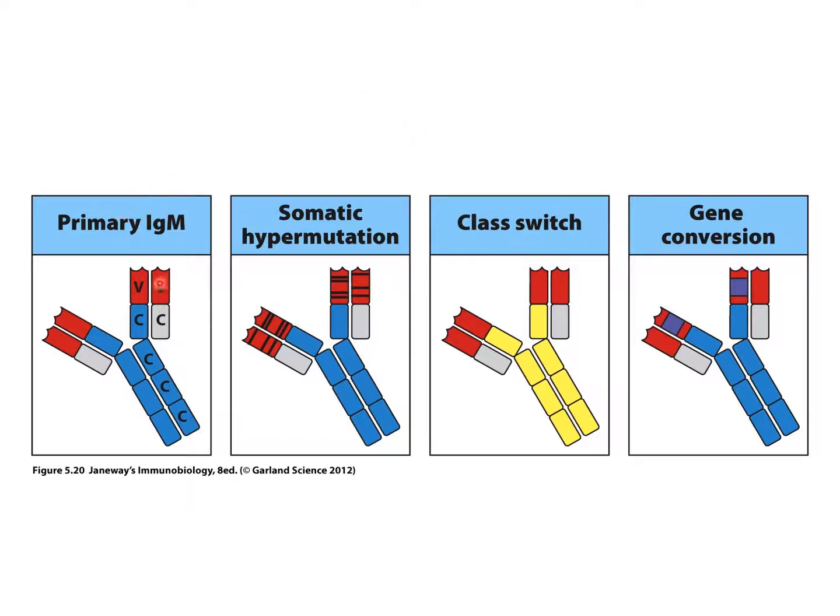Some of them are just doing a class switch. Some of them are doing hypermutation and class switches. Some are doing class switch and gene conversion. So you get this randomness involved, so that whichever plasma cell gets the highest affinity is the one that's going to continue to get the most signal to keep producing.